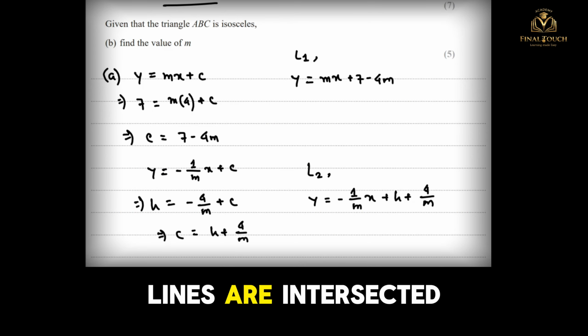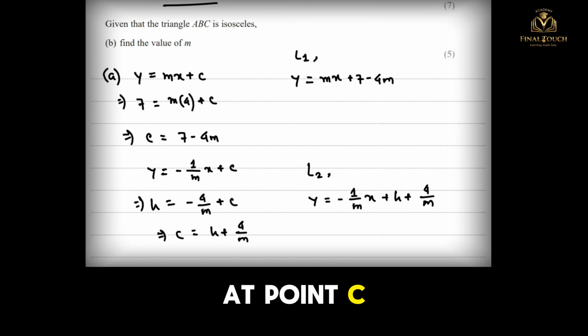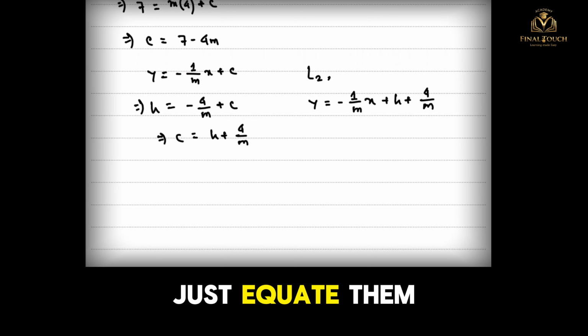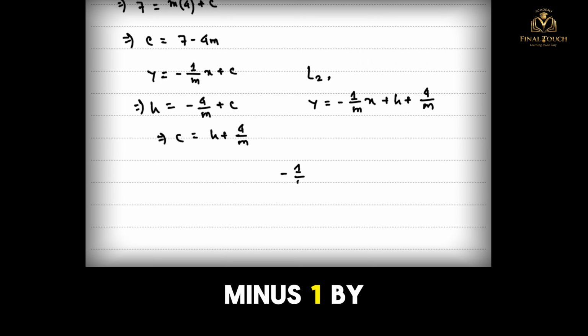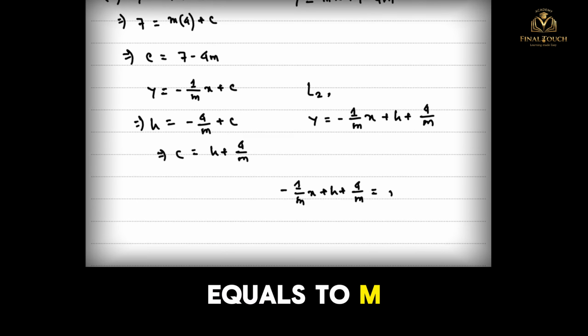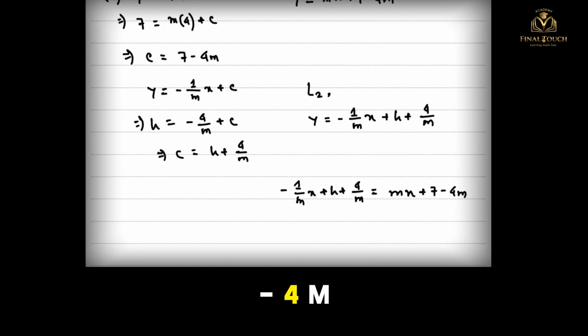Now both these lines intersect at point C as per the question. Now we will just equate them. Minus 1 by m into x plus k plus 4 by m equals mx plus 7 minus 4m.